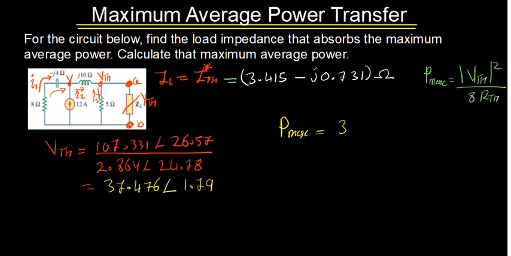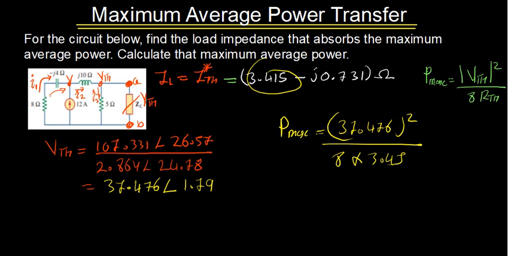It's 37.476 squared, divided by 8 multiplied by the 3.415, which is the value that we calculated there. 37.476 squared, I get 1404.45056, divided by 8 times 3.415.